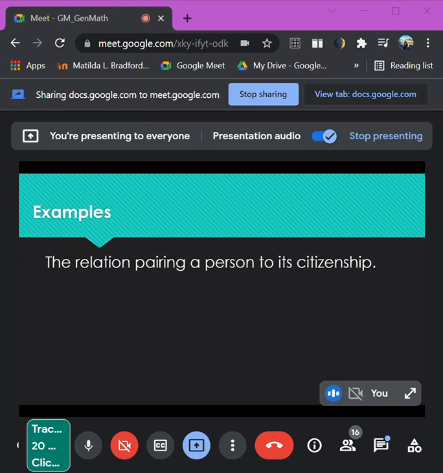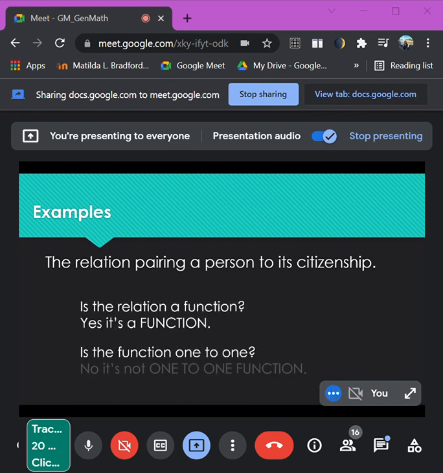Next one is the relation pairing a person to its citizenship. Okay, so this one is dili gihapon siya one-to-one function. So teacher, nga dili siya one-to-one function because a person can have like two citizenships. Like there are people nga PhilAm na ay Filipino Japanese.